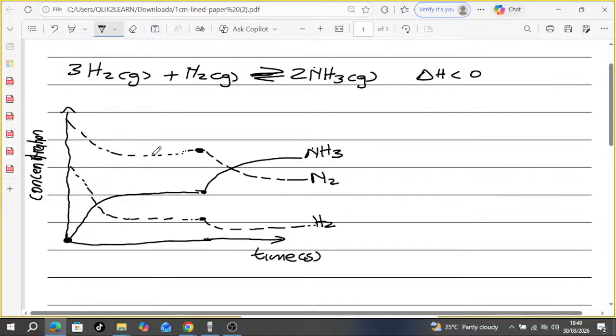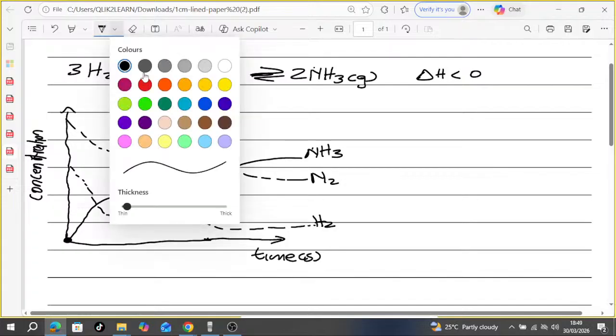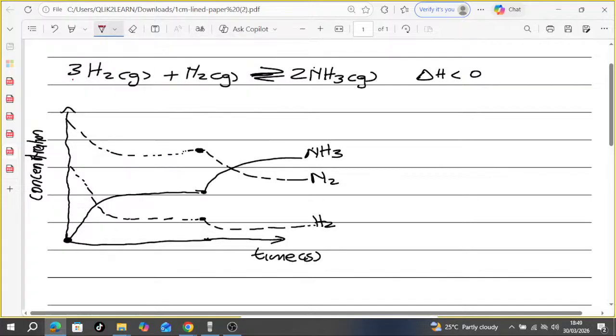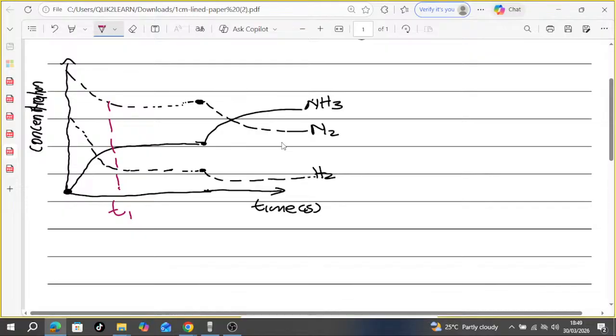Okay, so the first one, we're saying that this is T1. If that's my T1, at this point here, let's call this T2.